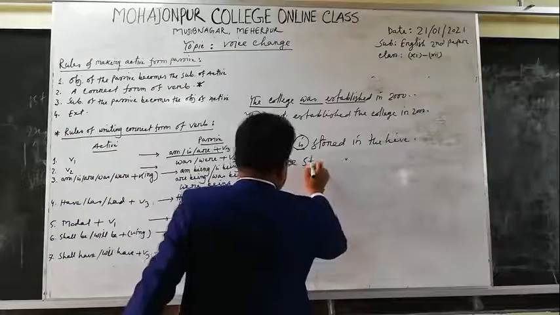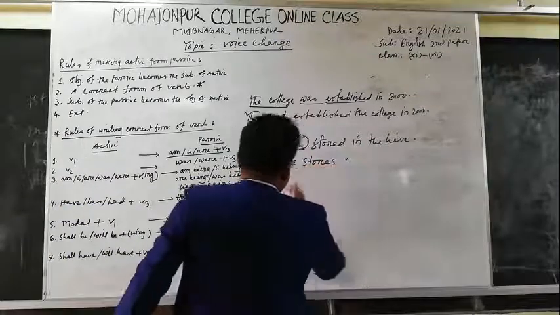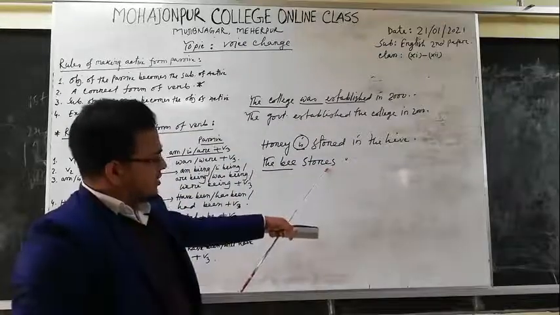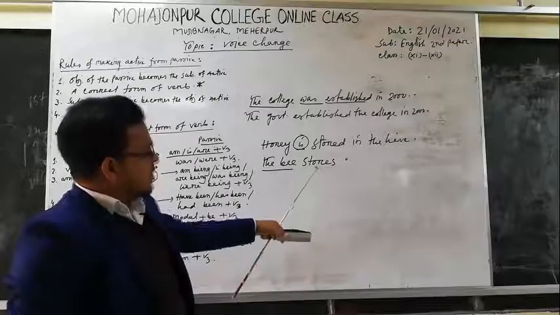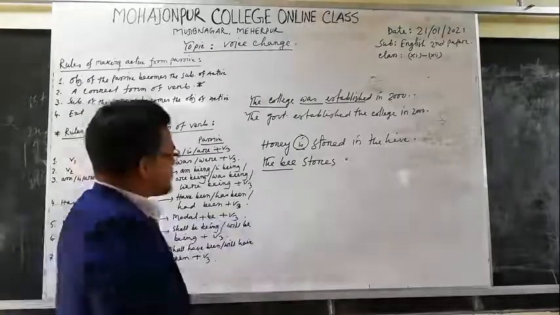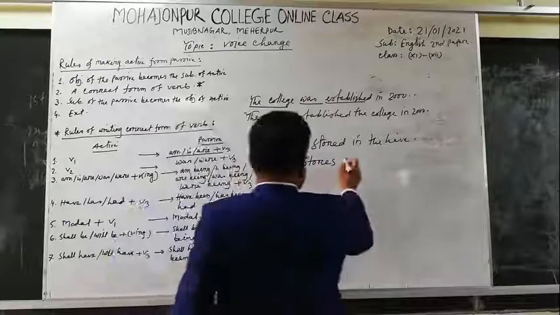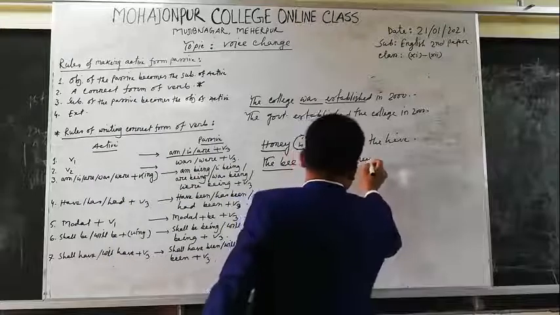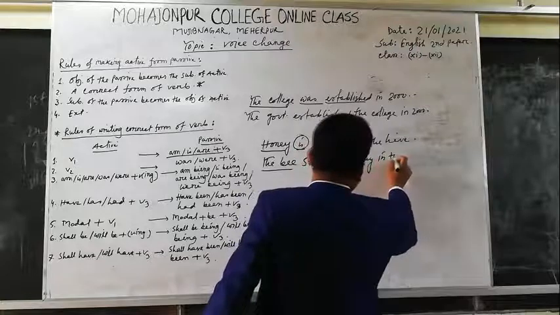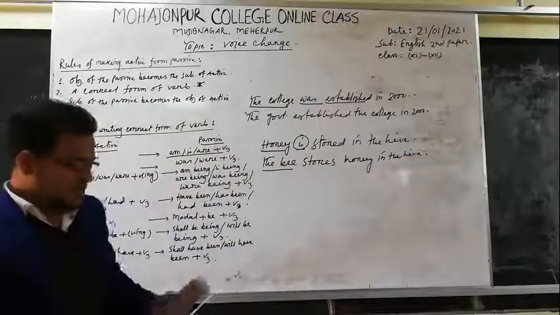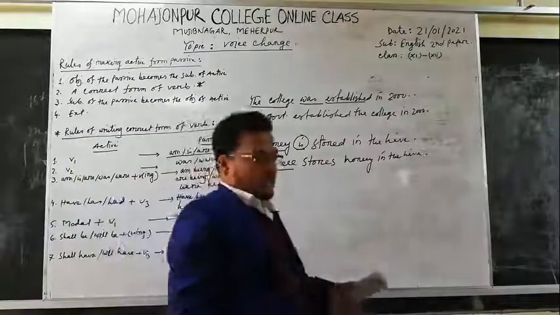So we write the present form of verb store, and it is third person singular, so we have to add s to the verb. The bee stores, and then the subject becomes the object honey, and then the extension in the hive. Okay, clear?